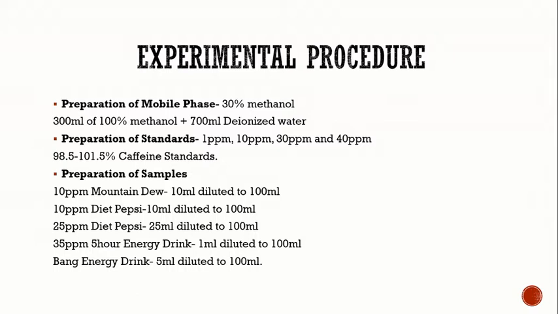For the Bang energy drink, we dissolved 5 milliliters in water and diluted it to 100 milliliters to make 13 ppm of Bang energy drink. And these are our samples we used to determine the caffeine content in them on the HPLC machine.